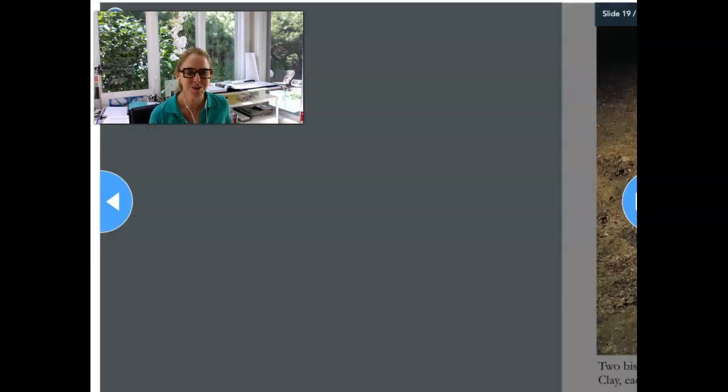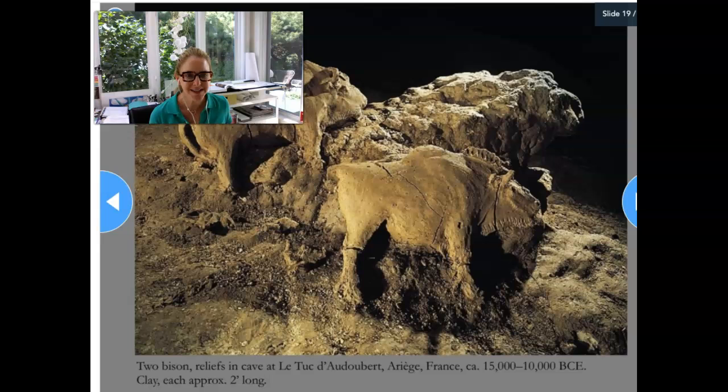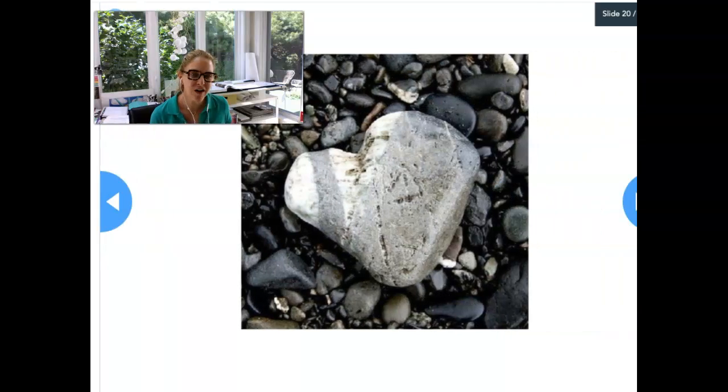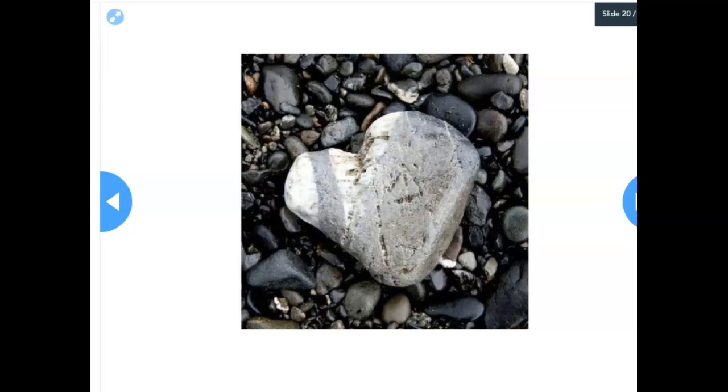These are some really cool bison that were made out of clay, and I wanted you to see them. These were found in this cave also. And this is all part of the Paleolithic art. But what's interesting is, you know how you sometimes find a stone or a rock on the beach, and you look at it and it reminds you of a shape, like, this looks like a heart, for example.